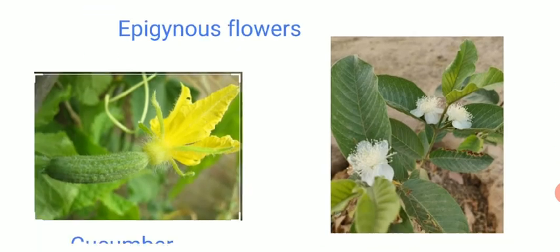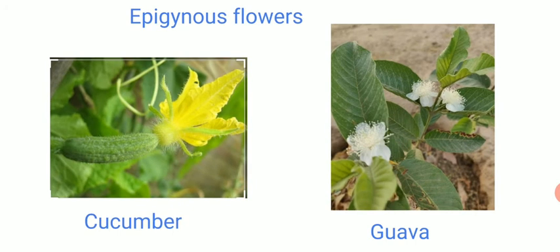Here you can see the case of epigynous flowers. Epigynous flowers are those where the ovary is inferior. You can easily see it in cucumber, very beautifully visible from the diagram. Can you see a baby cucumber in a flower? Yes. You have already studied in the lower classes that the ovary always converts into a fruit and ovules convert into seeds.